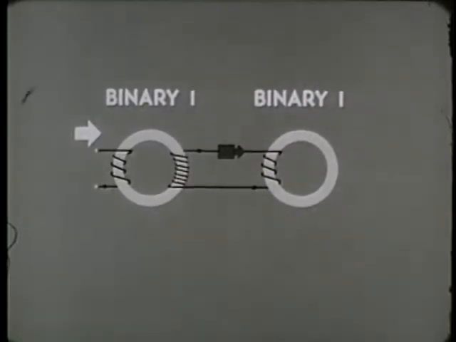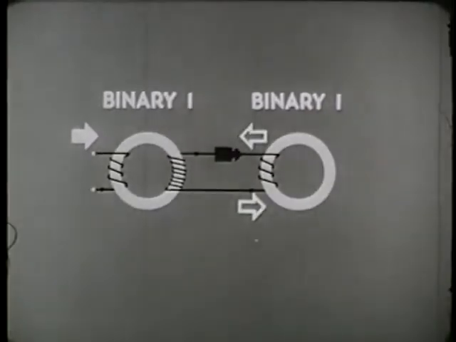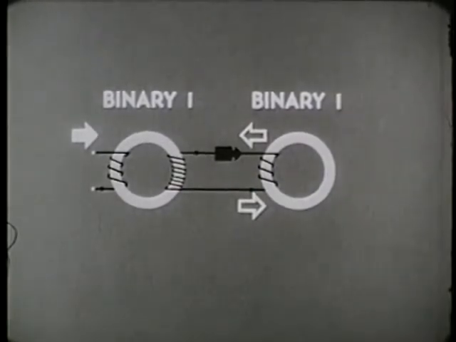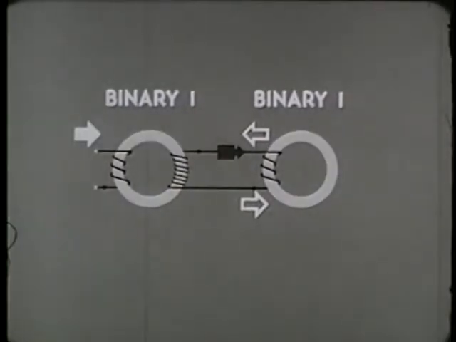But, due to the back resistance of the electronic device, no current can flow against the arrowhead. No current, no flux change, no change in the second core from binary 1 to binary 0. Thus, we have changed the binary state of the first core and retained the binary state of the second core by the use of this unidirectional device.